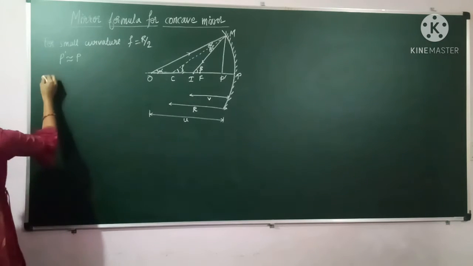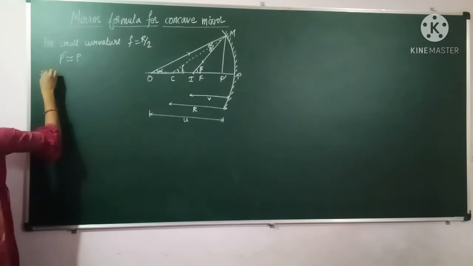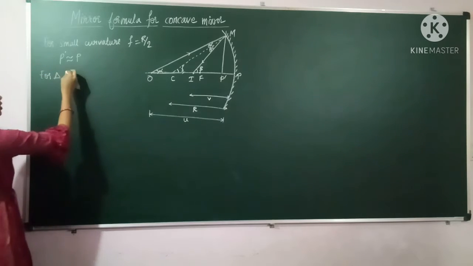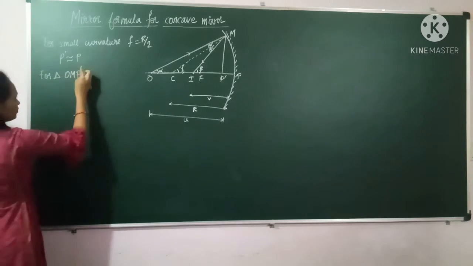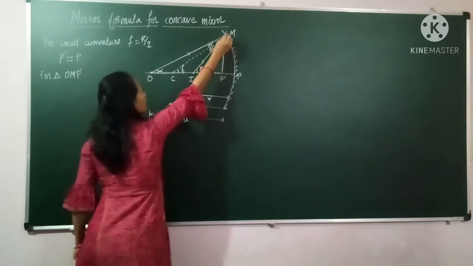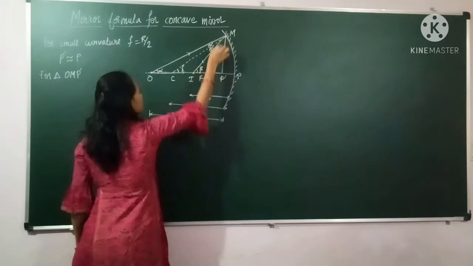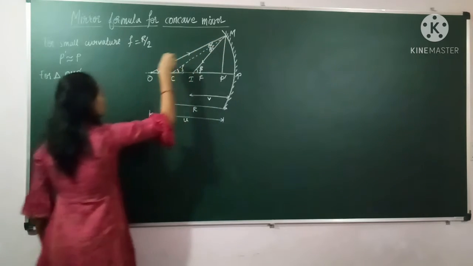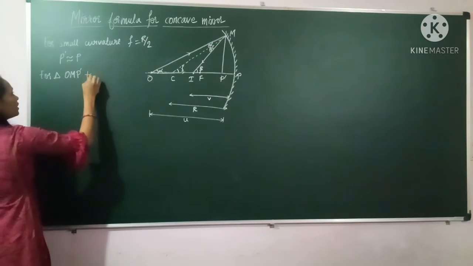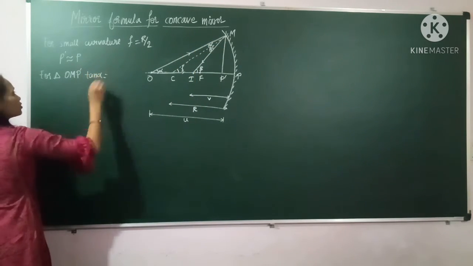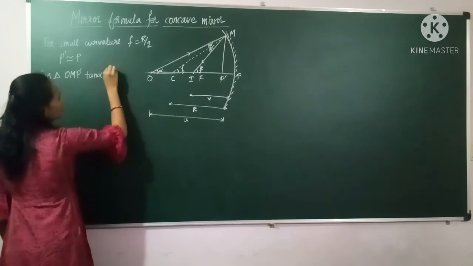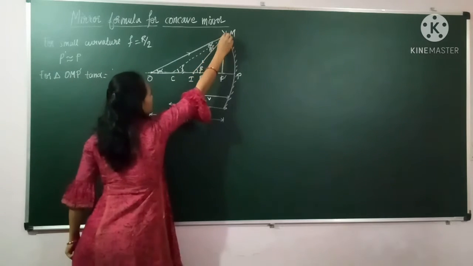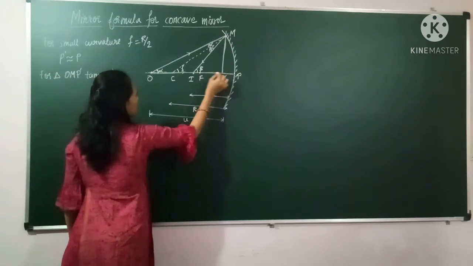Next, for triangle OMP dash, see this triangle O, M and P dash. This is a right angle triangle, so we can write tan of alpha, since this angle is alpha, as perpendicular divided by base.